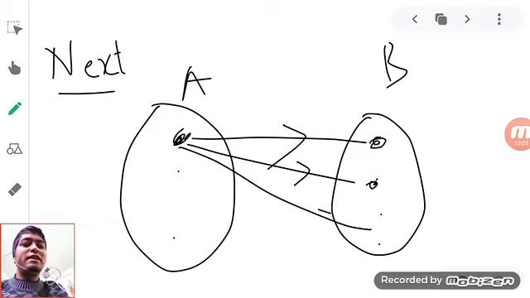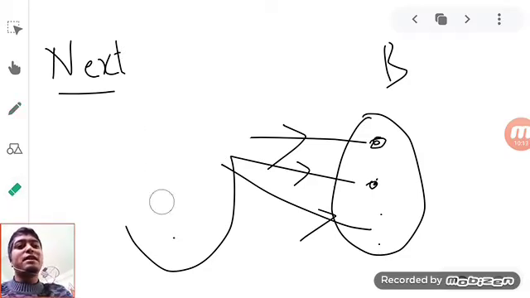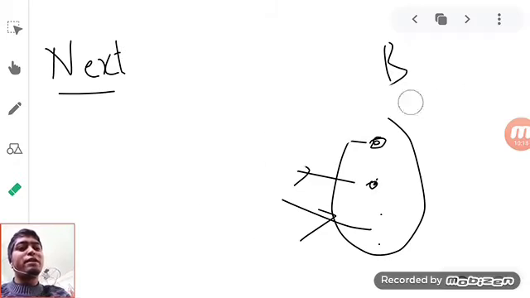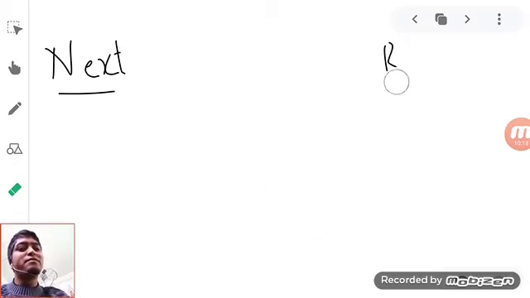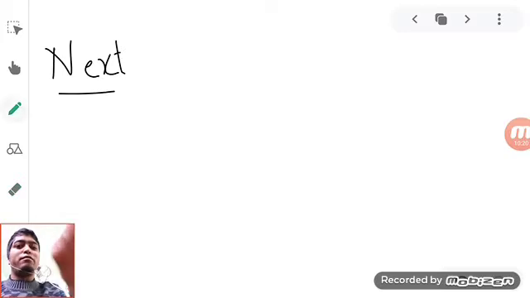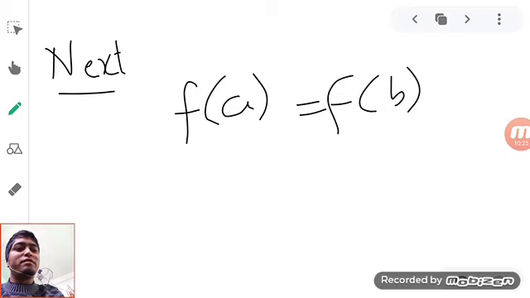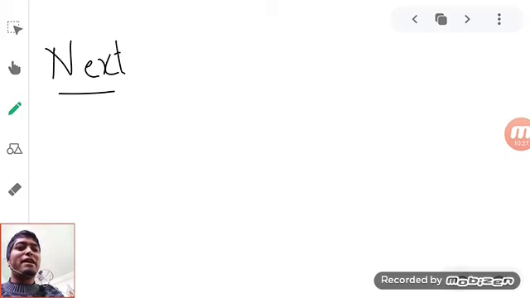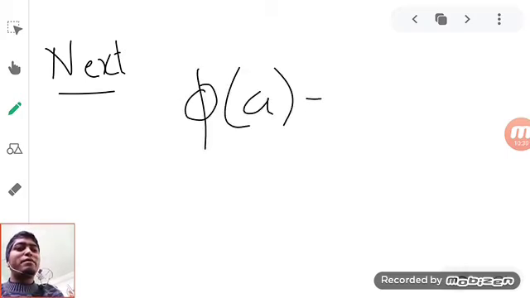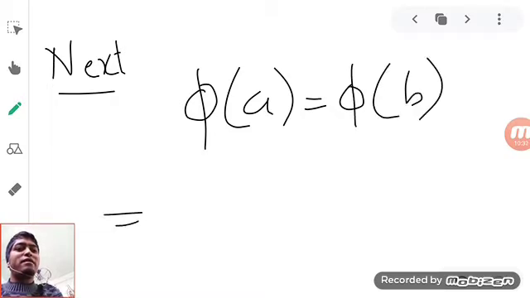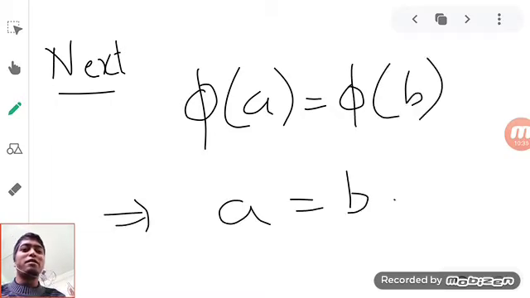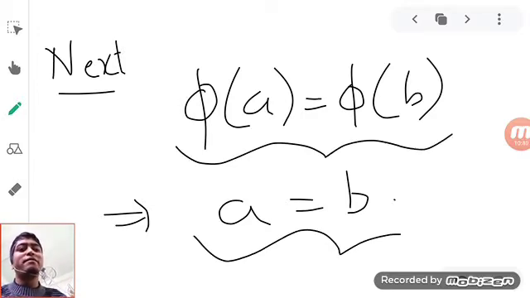Even if it goes to three elements, it cannot be a function if it goes to more than one element. So that is what we will do over here. The process to prove that one element goes to a single element is actually the reverse of 1-1. In 1-1, if you have to do it for phi, you start with phi(a) = phi(b) and get a = b. But over here we are doing the reverse of 1-1, so we will start with a = b and try to get phi(a) = phi(b).